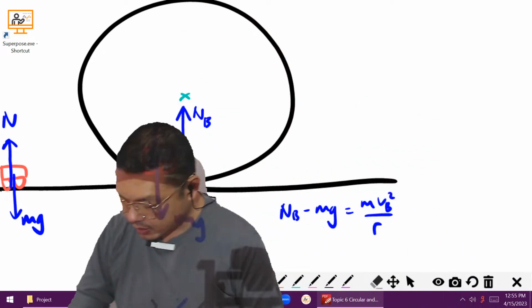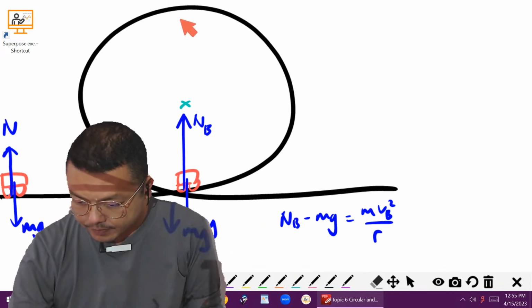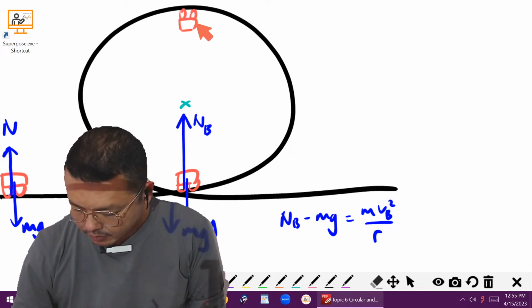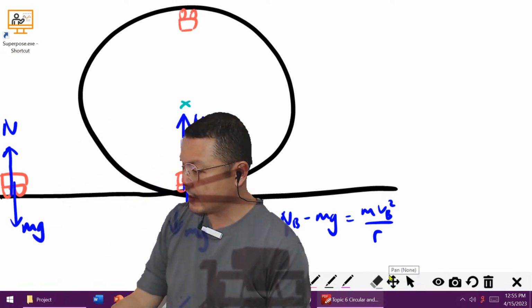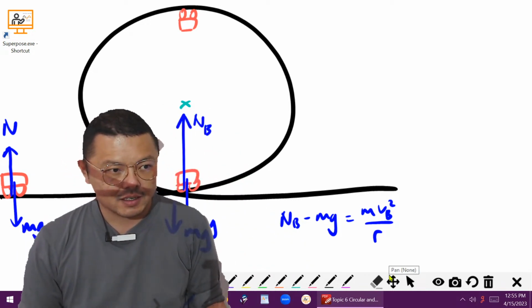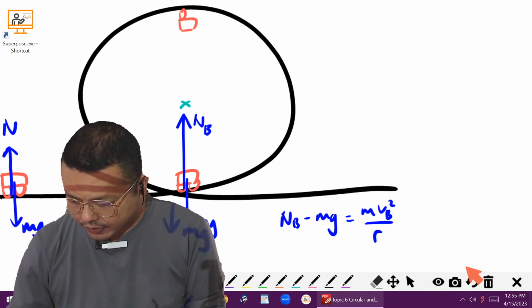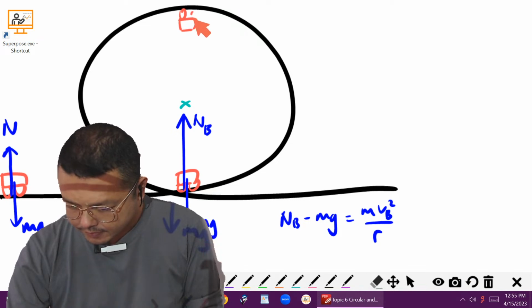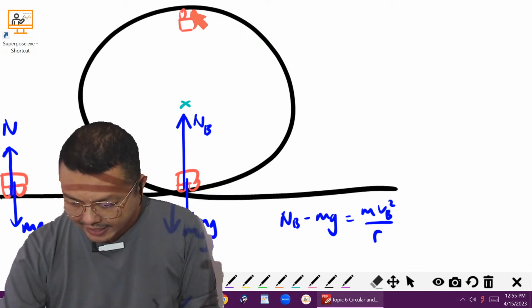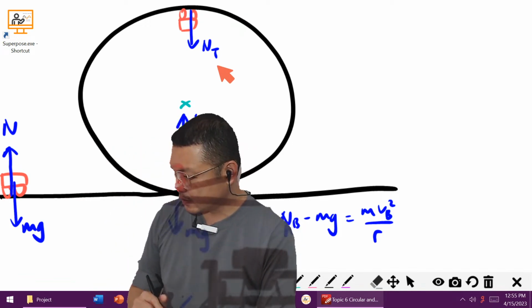So once it's at the top, what's the equation for the guy at the top? Or rather, what are the forces acting on this car? The N force is acting down. So the normal contact force at the top is actually acting downwards like this, and I'm going to put an NT as well, right?